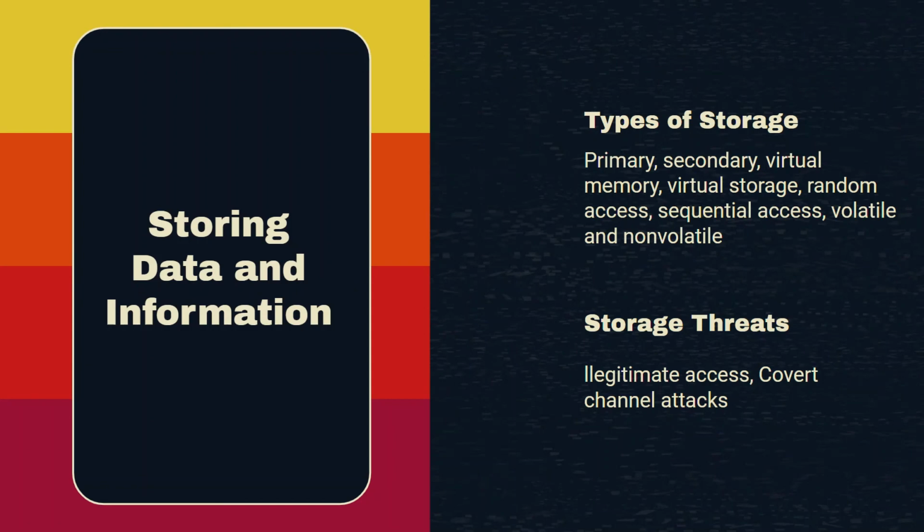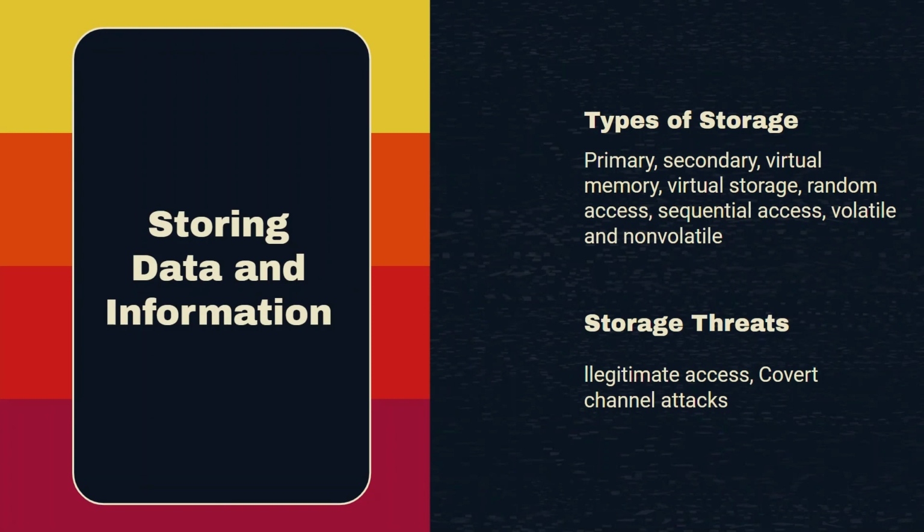The secondary storage is the more inexpensive non-volatile storage, which is available for long-term use. Then we have the virtual memory that allows the system to simulate additional primary memory resources through the use of secondary storage. The virtual storage also allows the system to simulate secondary storage resources through the primary storage.